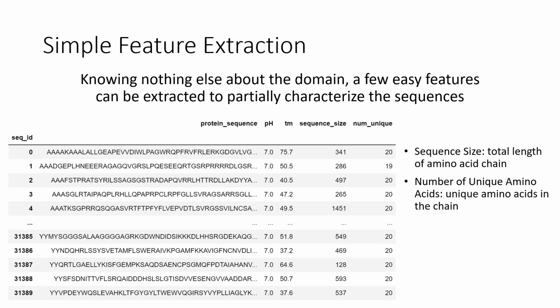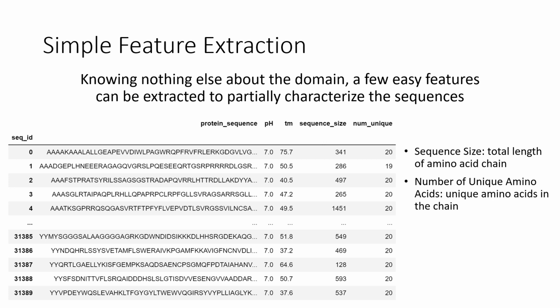So the first step at addressing the lack of features in this data set is to take some really simple, sort of naively engineered features from the protein sequence. So these are not dependent on any domain knowledge about proteins, about enzymes. All these are simple estimations of what the sequence we're looking at is.